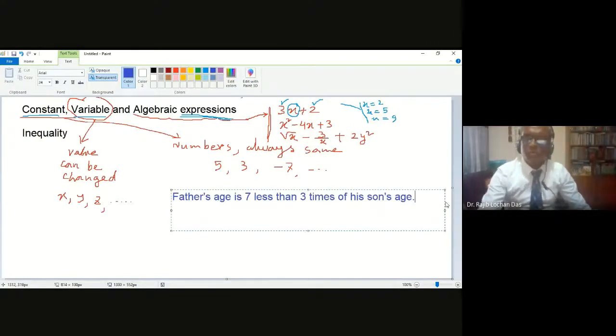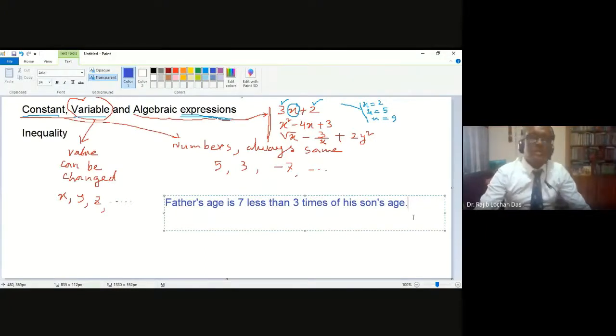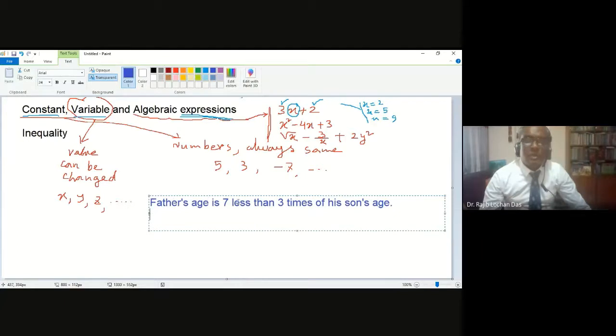So what do you understand by this? This is one sentence I have written here. So what is the mathematics in this? What do you understand by this? Just the understanding, not calculation. Just what I have written.